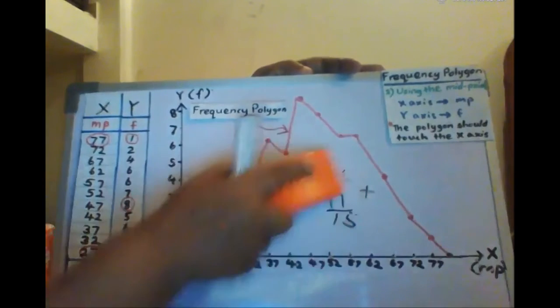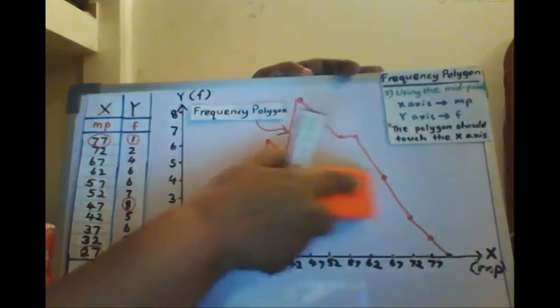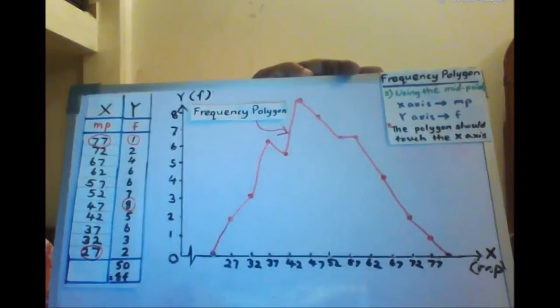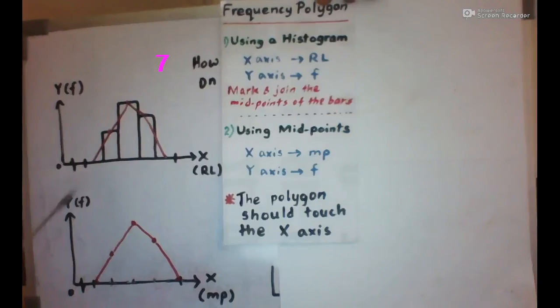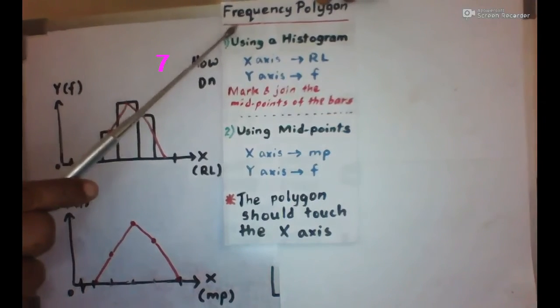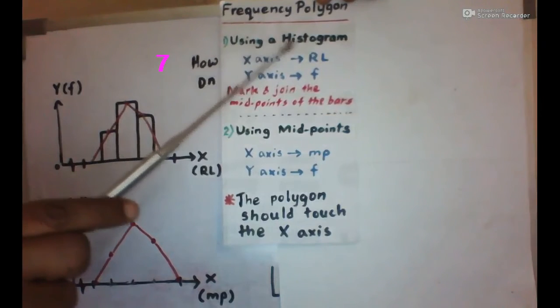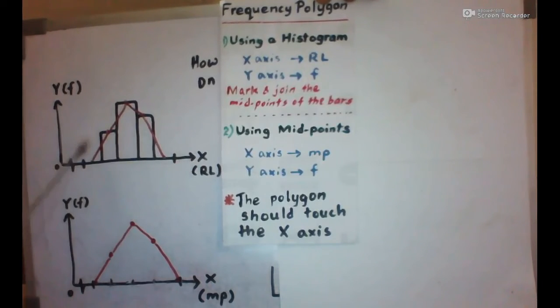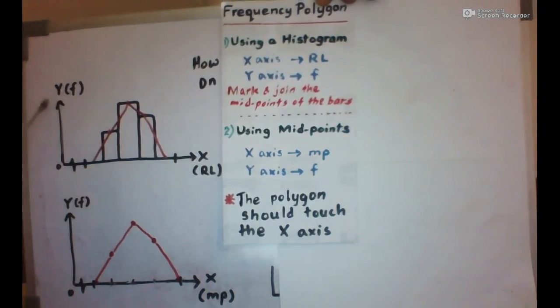Okay, draw them and get photos and submit. So today we discussed how to draw a frequency polygon using a histogram. Here we took real limits on the x-axis and frequencies on the y-axis.